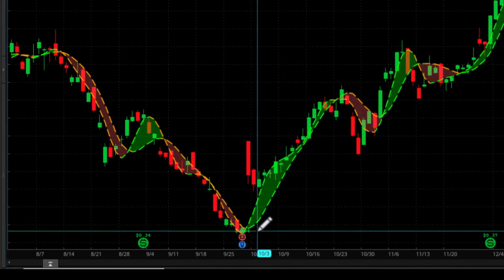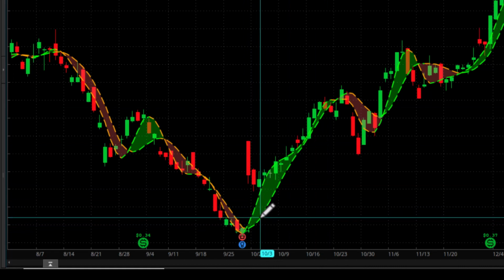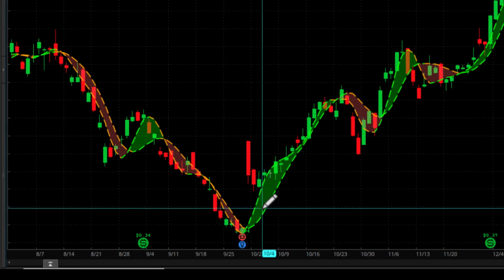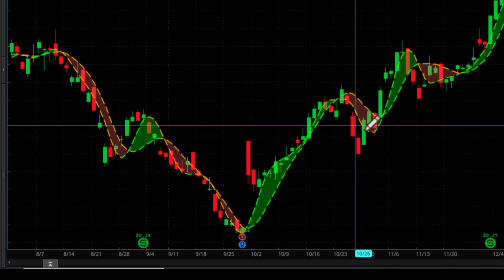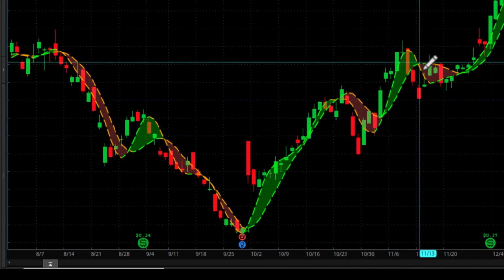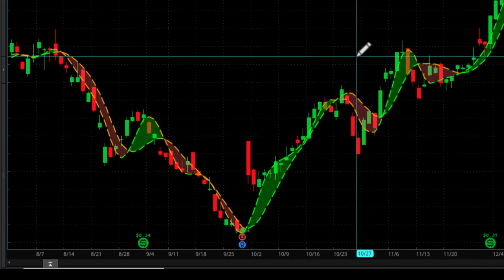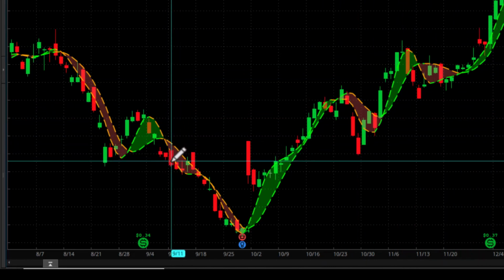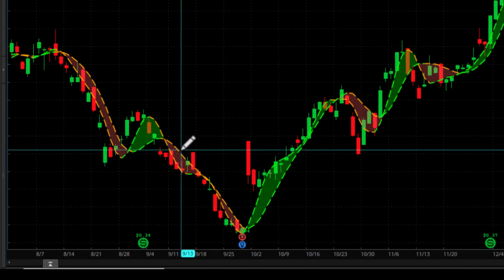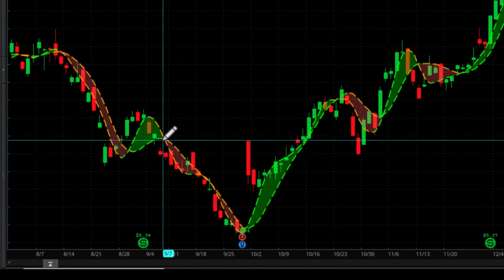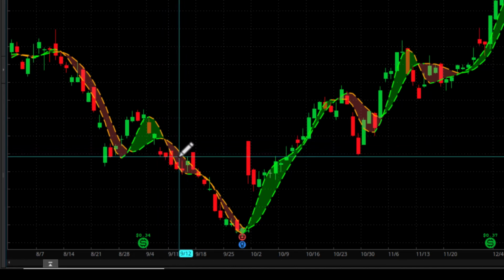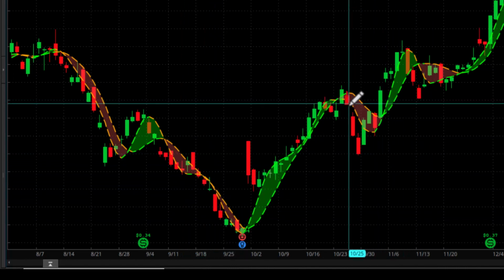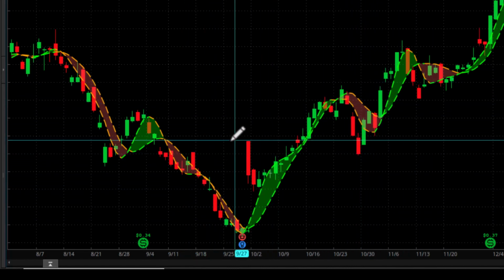So in a bullish posture, your chart is going to be making higher highs and higher lows, and it's going to be trending upwards. Likewise, if you have the Hull 10 below the Hull 20, you're going to be in a bearish posture, and the stock is going to be falling.